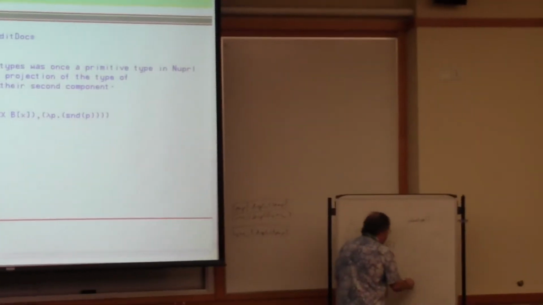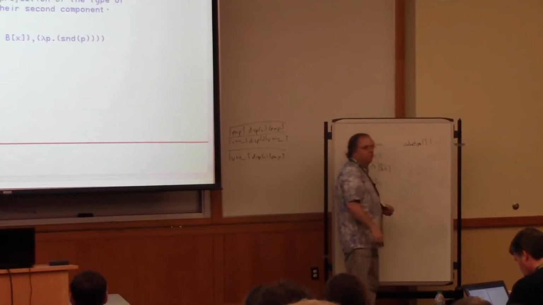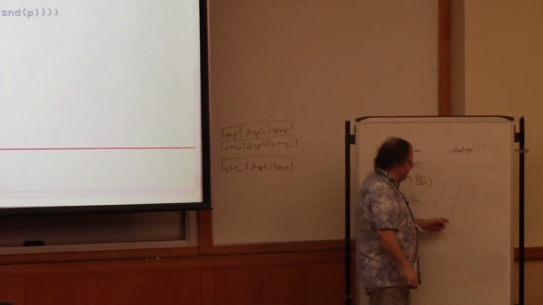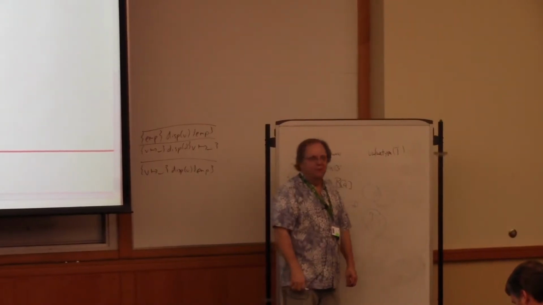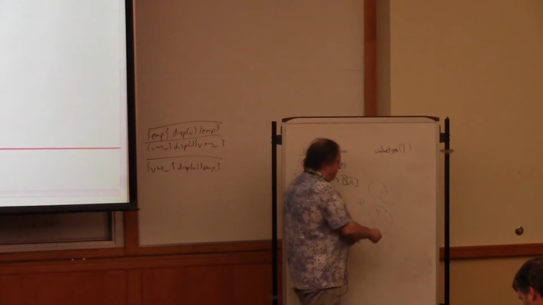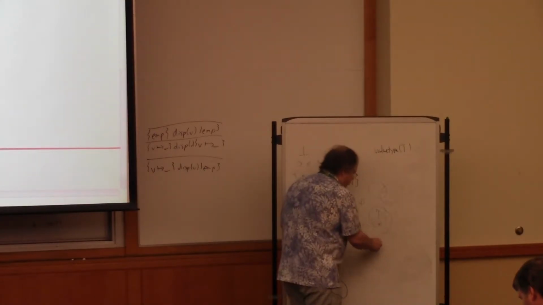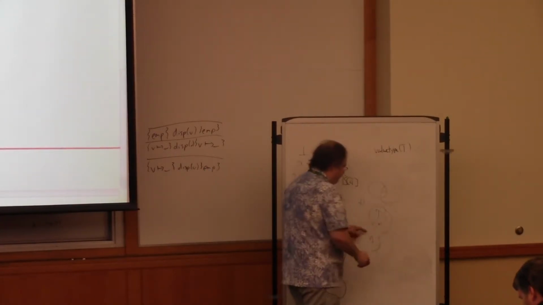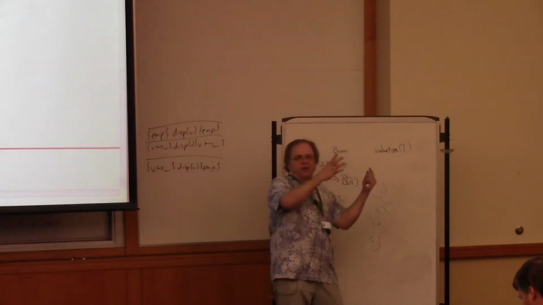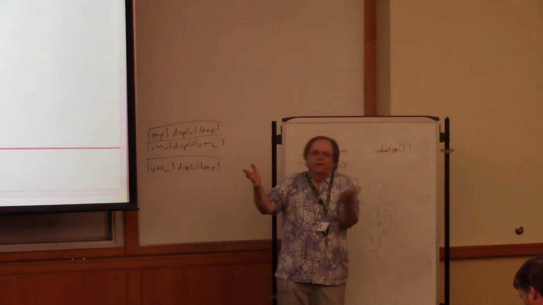You say, well, here's a type T, and here's a function f that applies to members of T. Why can't I just form the type whose elements are just all the things of the form f of x for x in T? It's just the image, just like in set theory, you would take the image of a set under a function.